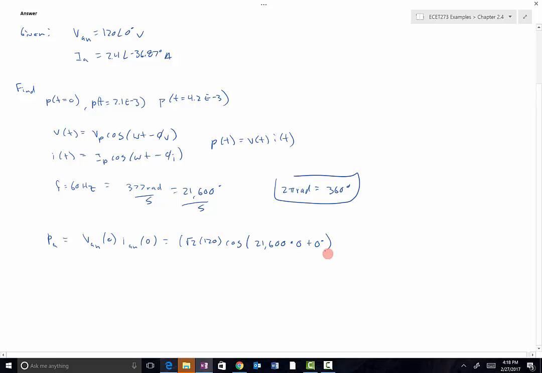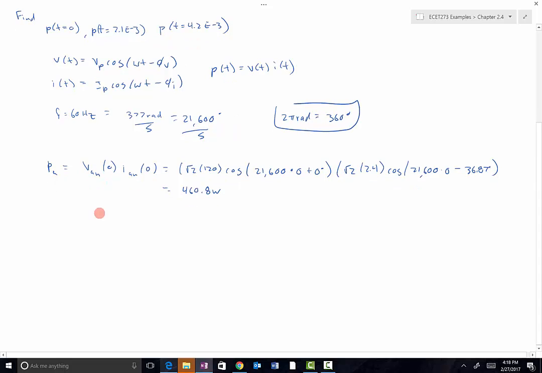So that's the voltage. And then the current is going to be root 2 times 2.4 times the cosine of 21,600 times 0 minus 36.87 degrees. And that's going to give me a value of 460.8 watts there for the power on phase A.